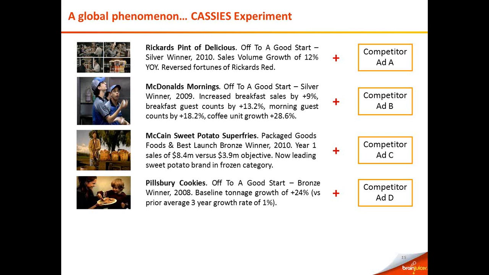And we've partnered with the CASIs, so the Canadian Advertising Effectiveness Database, and picked a series of award-winning CASI spots. You can see them on the left-hand side of this page with the business effects for each generated below. And actually matched them with a competitor in the same category that had advertising at the same time with a roughly equivalent level of support.